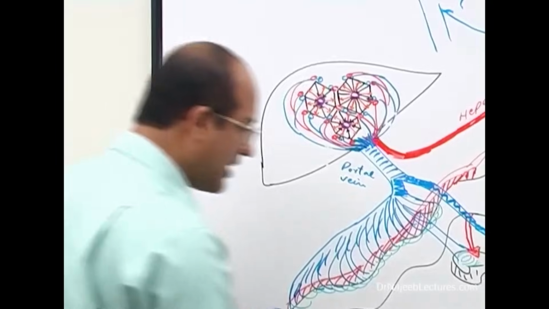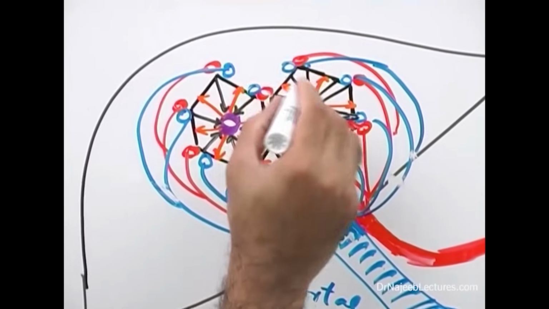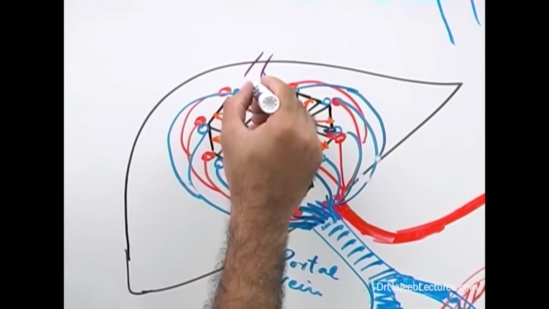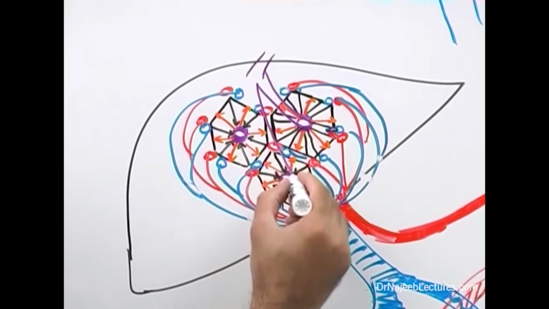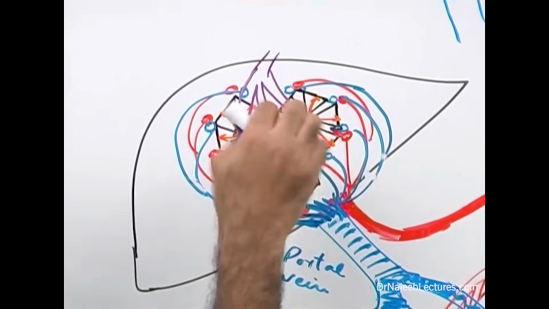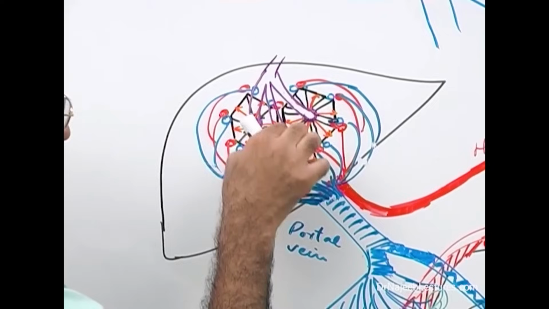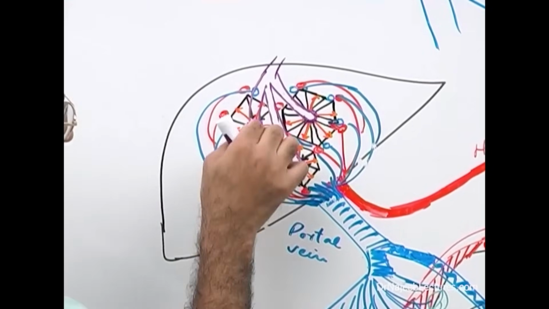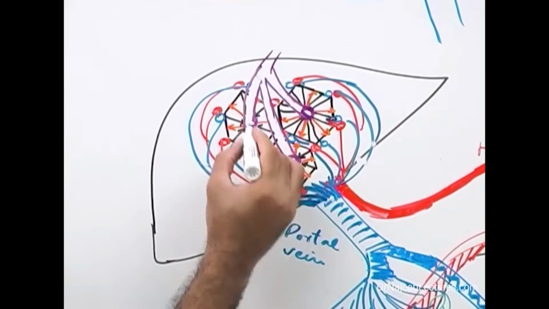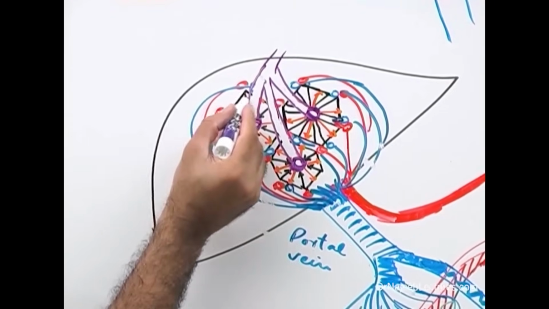Now, these three central veins will come together. They are now draining. These central veins will take the blood from the center and drain into sublobular veins.